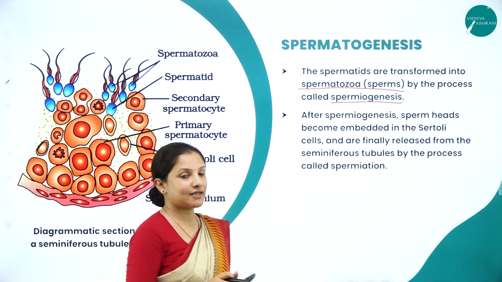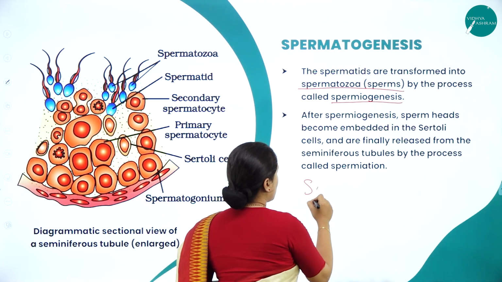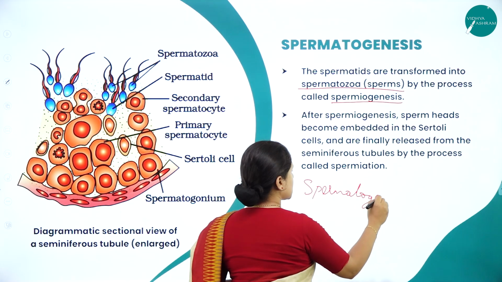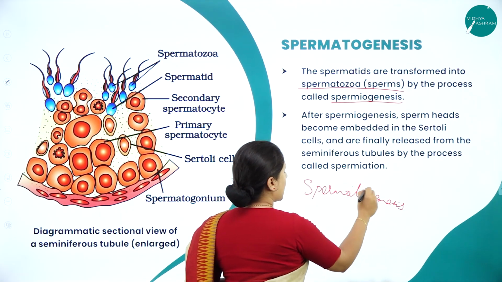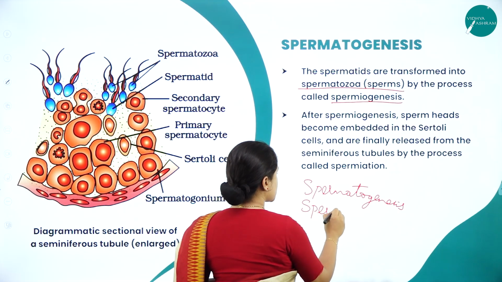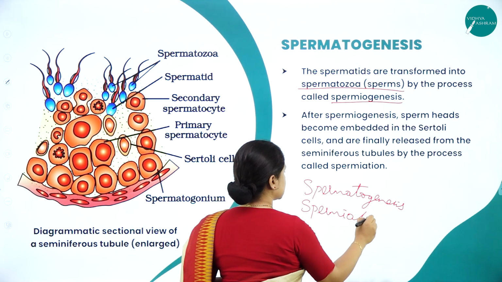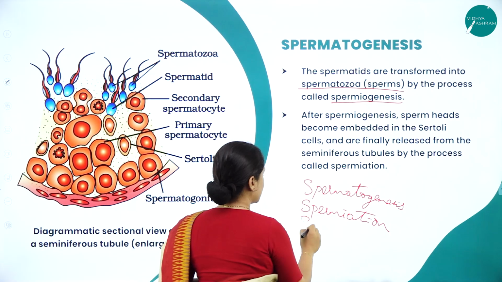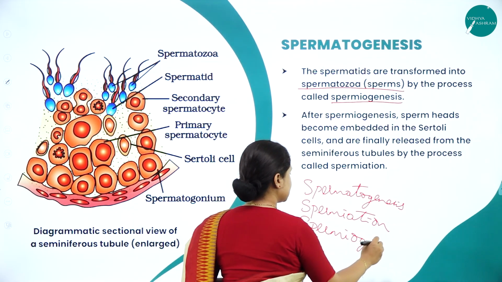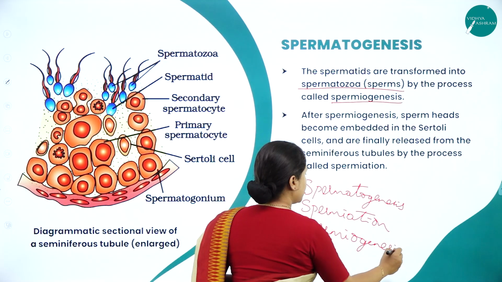Now, three words are there which you need to remember. One is spermatogenesis. The other one is spermiation. And the third one is spermiogenesis. Don't get confused with these three. What is spermatogenesis?